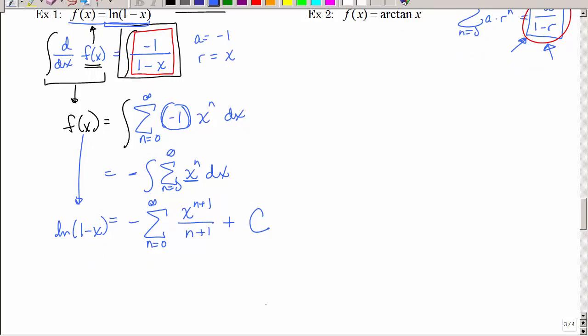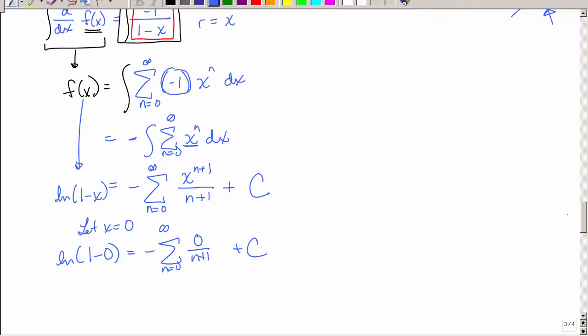Well, I know that the natural log of 1 is equal to 0, so what if I let x equal to 0? So I'd have the natural log of 1 minus 0, and that would be the summation of 0 plus c. Let's solve that for c. The natural log of 1 is 0.